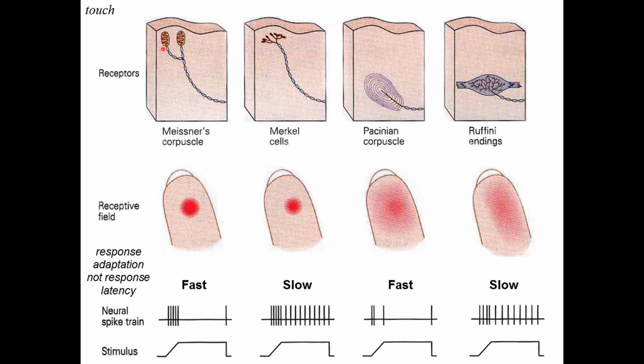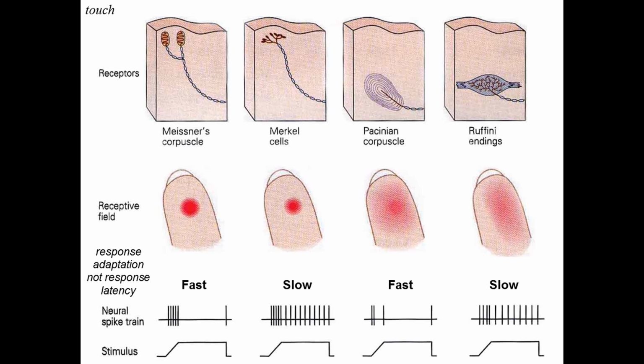And so you have the different structures where they're found in the skin layer, how big their fields are. You can see these ones are relatively small receptive fields, and then the more widespread ones. This down here at the bottom, I think, is the most interesting and one that I would encourage you to kind of get to know.